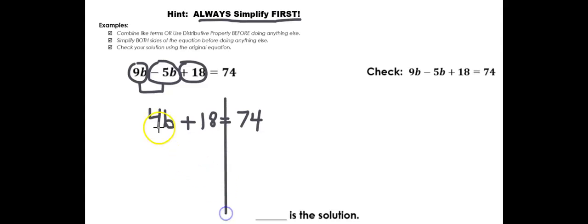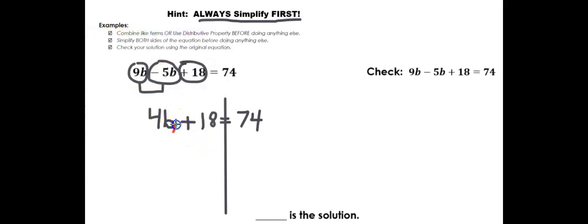When I solve, I like to draw that line down the equal sign. I like to identify my term that has the variable in it. So I circle it, and then I isolate. I need to isolate this term right here, so I'm going to do inverse operations. I need to get rid of the plus 18, that's minus 18. And I have to do it on both sides.